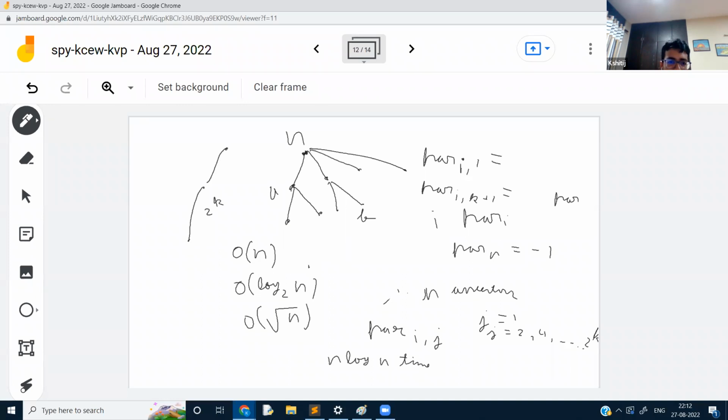So this is 2^k above this, and this is 2^k above that. You can find the 2^(k+1) ancestor by two computations. You go to this parent, and from that other node, for which you have computed till k for all nodes, you go up again. So in two operations, we can find the parent of that. I hope this is clear.